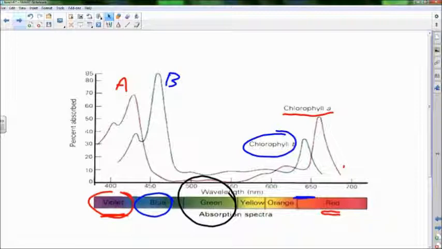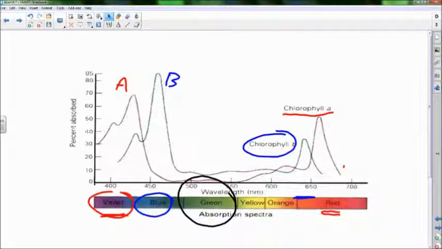The other colors either are scattered or they're absorbed. So when we look at green plants, it only looks green because the green light really isn't interacting with the plant at all. Plants don't like green light. So it bounces off, and we see them as green because they're not using it. So the green light's actually wasted.